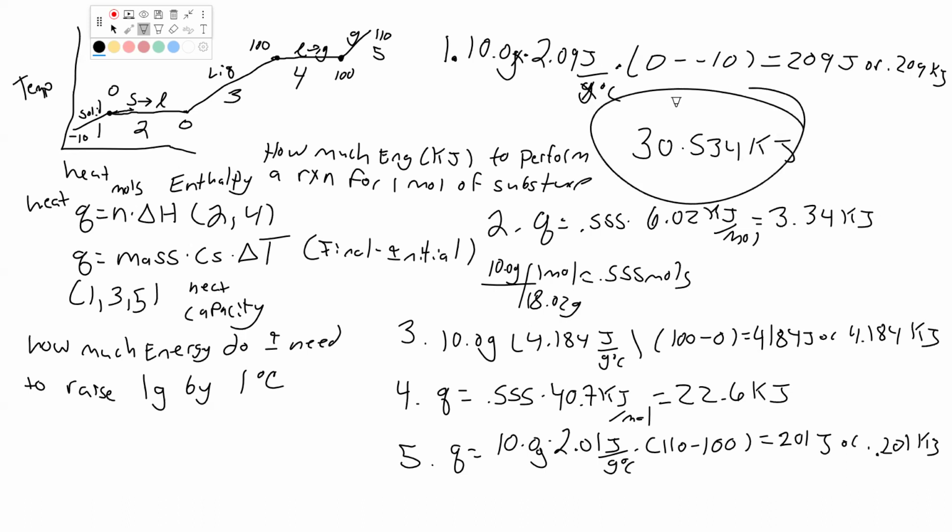So to take this ice and turn it into steam, you have to put that much energy in. Once you have the heating curve and you remember how to use our 2 equations, just follow that heating curve for each of these parts to help you figure this out.